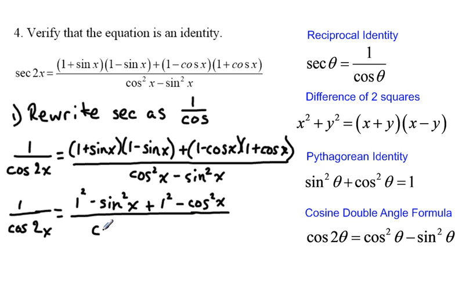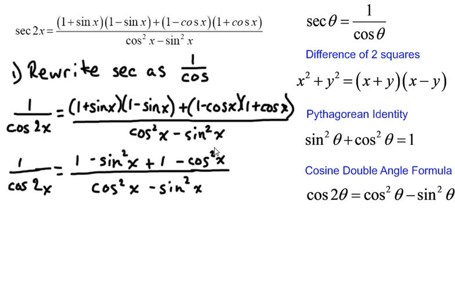And once again, our denominator is going to remain the same. Now, 1 squared is just 1, so we're going to erase the little exponents right there.